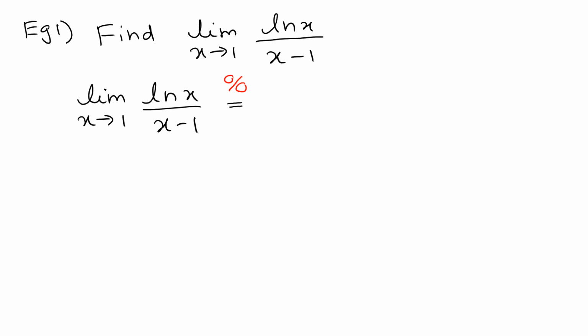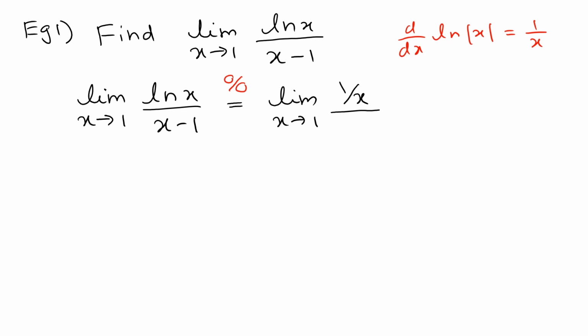According to the result, we want to find the derivatives of the two functions. We know that the derivative of the natural log function, which is something we need to remember, is 1 over x. So we write the limit as x goes to 1 of 1 over x for the top, and the derivative of the bottom is simply 1.